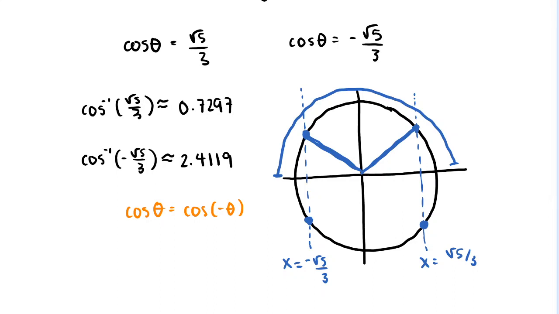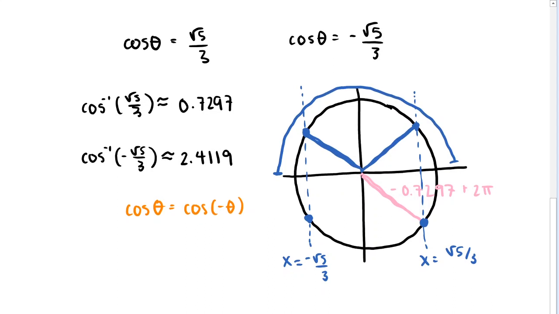And so I know that this angle down here, at least one angle that brings me to this position, is equal to negative 0.7297. And that's not an angle between 0 and 2 pi, right? Angles between 0 and 2 pi are positive. But if I added 2 pi onto this angle, then we would end up with the angle between 0 and 2 pi that brings us to this bottom coordinate on the right.